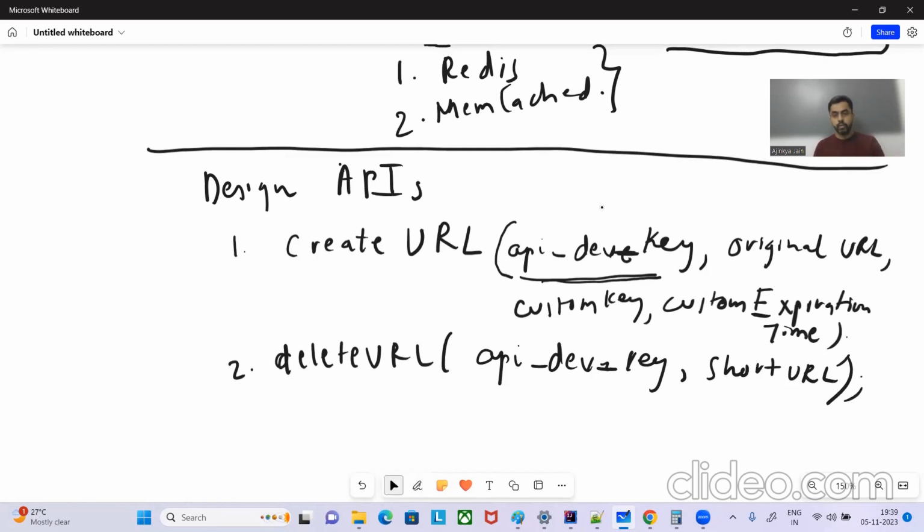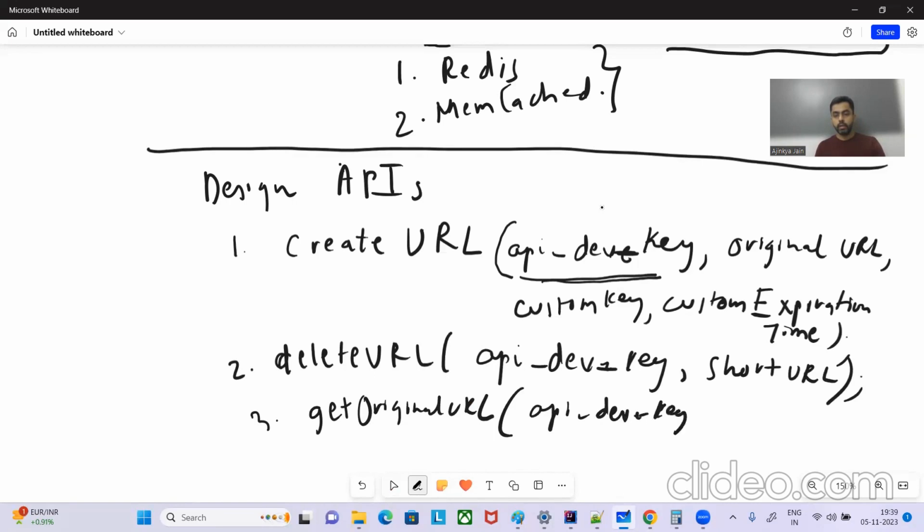Third would be get original URL. Again, this would take the API dev key and the short URL, as the user wants the original URL in response.